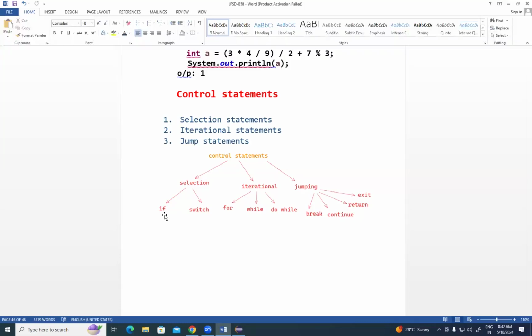The entire business logic in the entire Java application, whatever you write in real time, is going to contain control statements only. Without writing if, for, while, return or break, you can't write any real-time application. That's why these are very important.